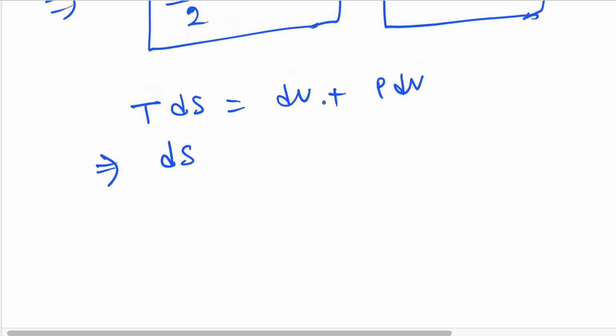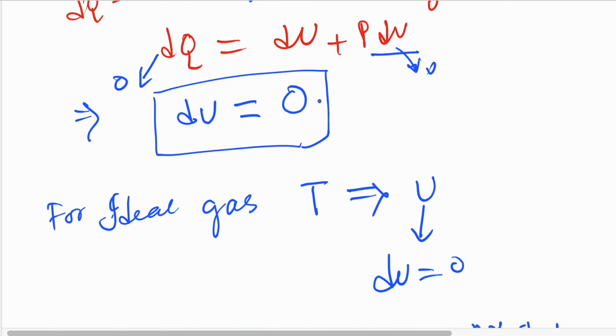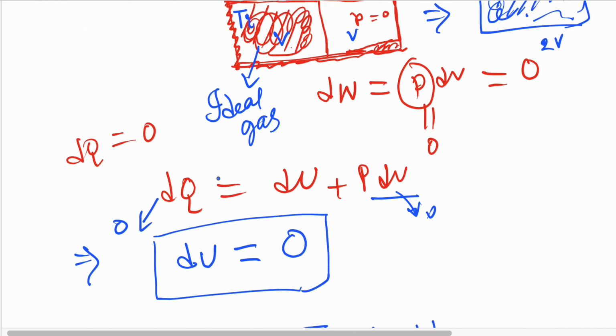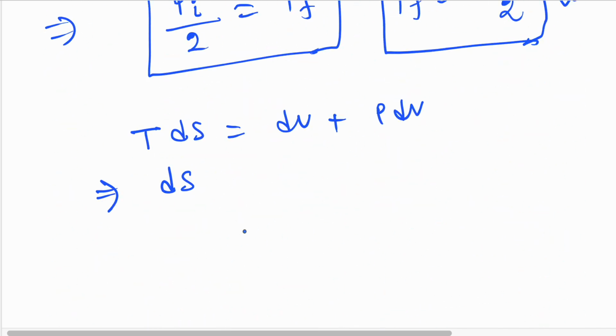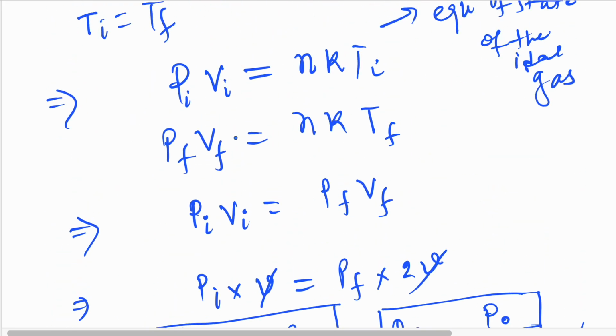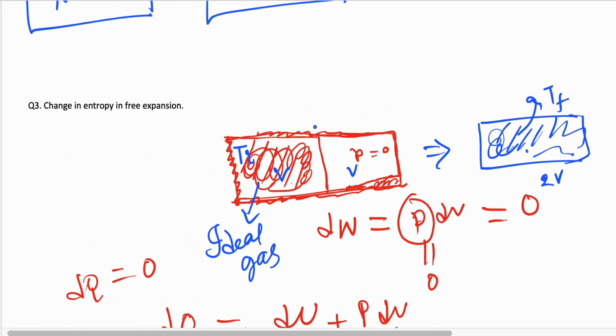Since this is an irreversible process, it may happen that the total heat exchange is 0, but whenever we write TdS equals dU plus PdV, we write it for a process where we go from this state to this state reversibly. We can go from this state to this state in many ways.